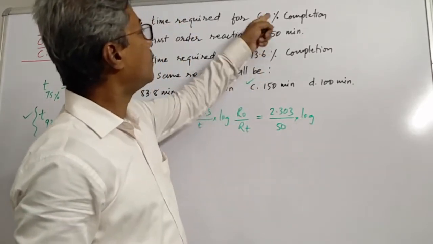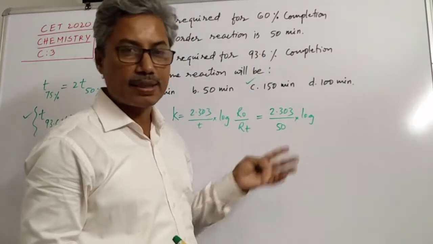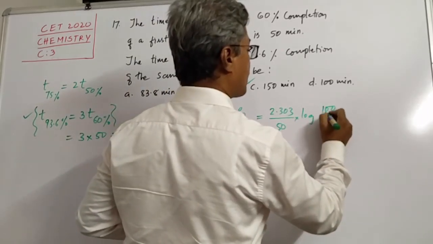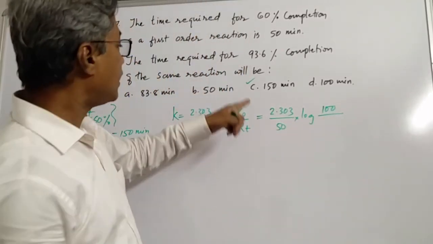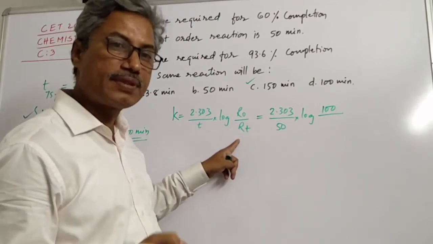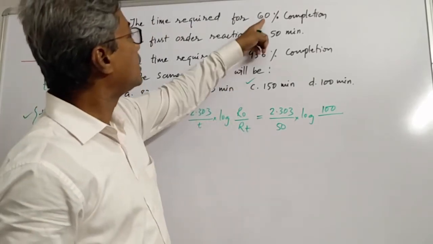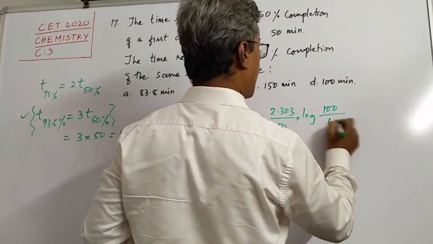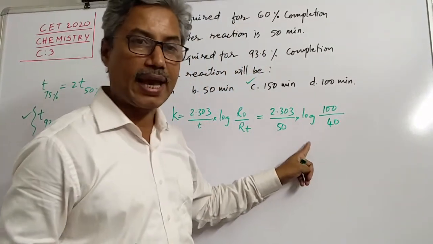Here, concentration is in terms of percentage. Therefore, the initial concentration we take as 100%, 100. Then this is the concentration of the substance left out. 60% completion means 40% is remaining. That means it is 40. Well, this is the value of K.